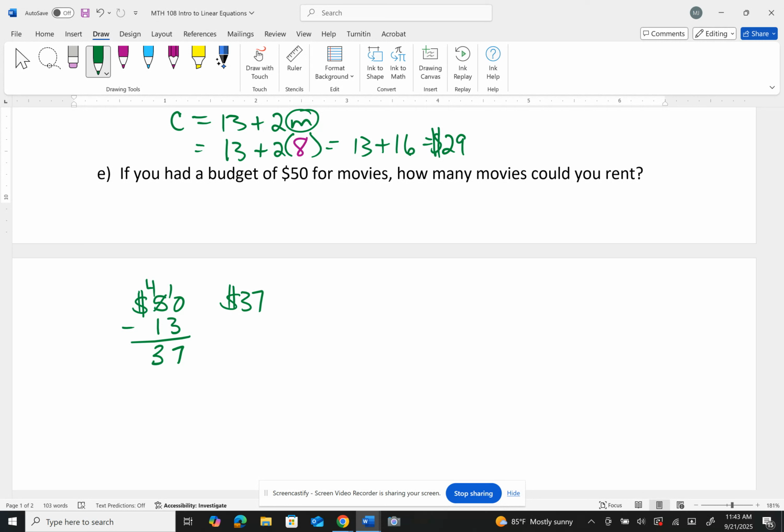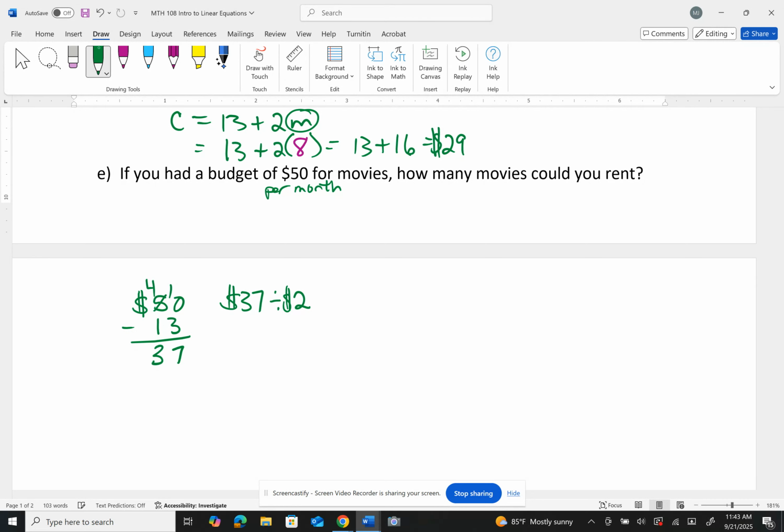Okay, so let's say you have, I should have said a budget of $50 per month. Like that's what you potentially could spend per month. Well, then you could take that 37 and you could divide it by the $2 per movie, right? That's the charge per movie.